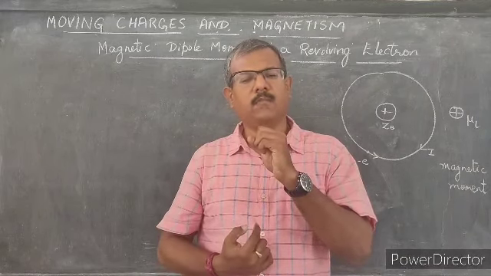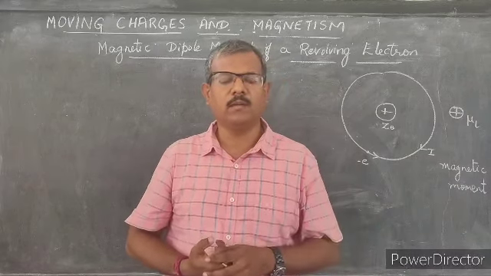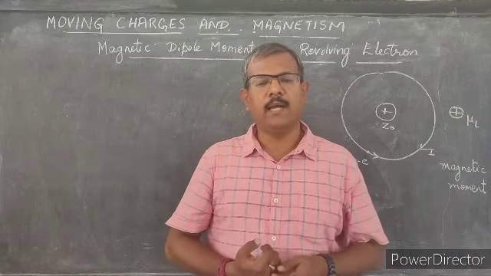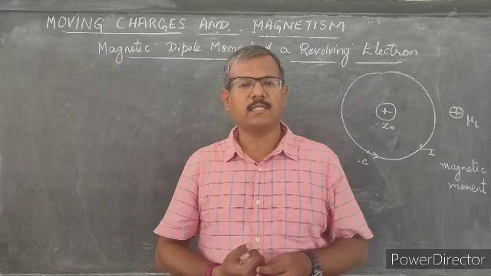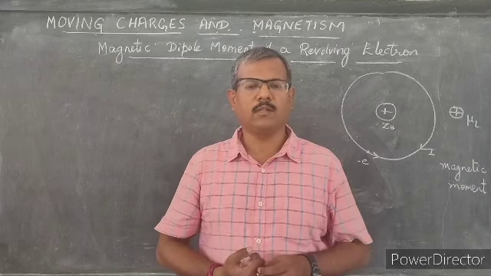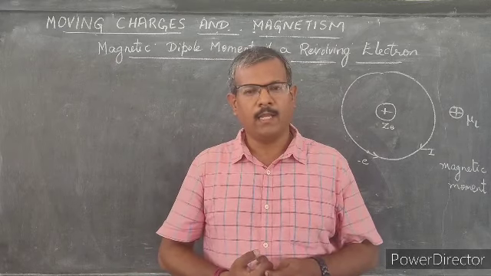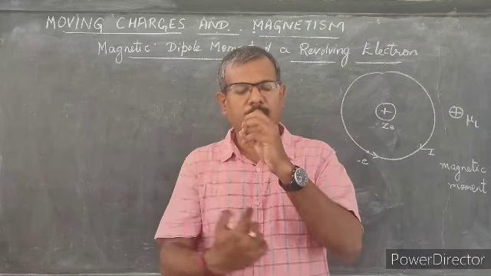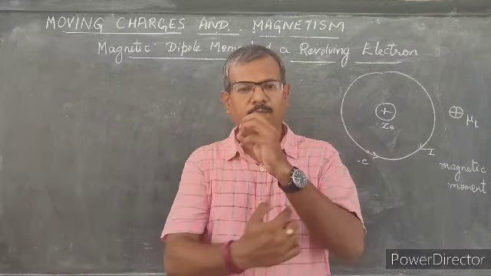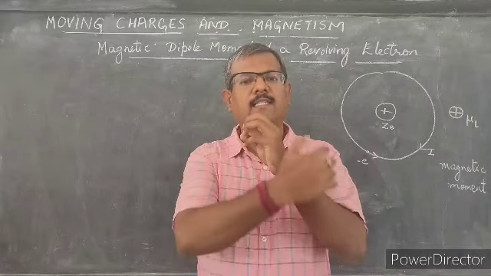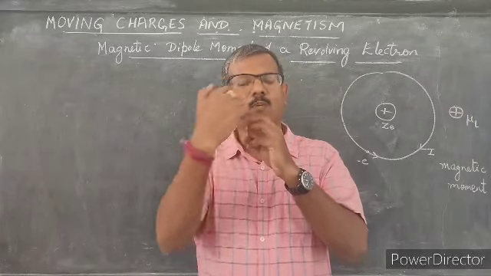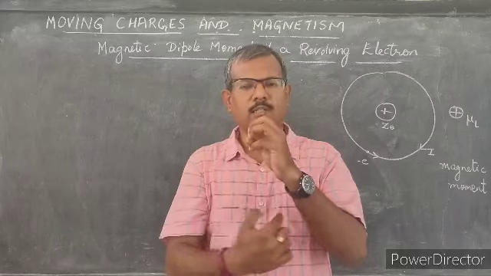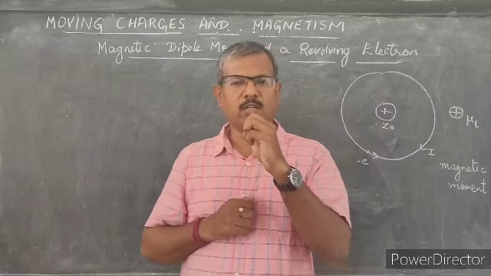Now, this particular model was, as you know, the model suggested by Niels Bohr and is famously called the Bohr atomic model. If you consider this model, you have the electron as a negatively charged particle executing, let's say over here, an anti-clockwise circular motion around a positively charged core.